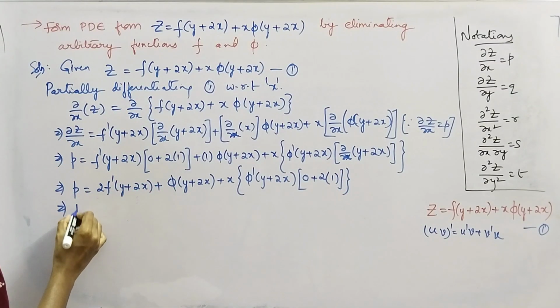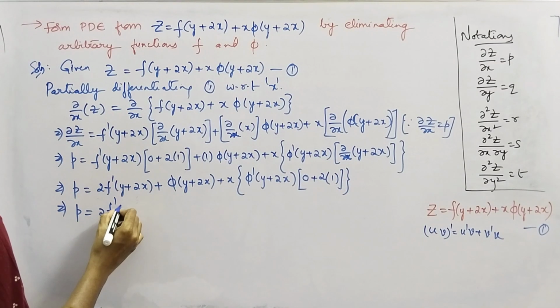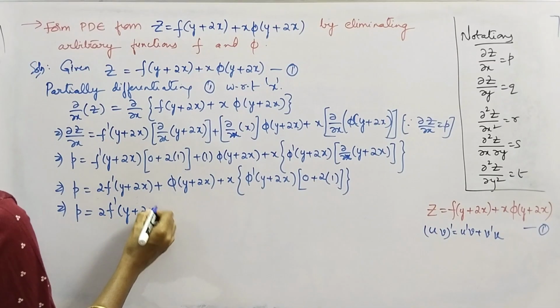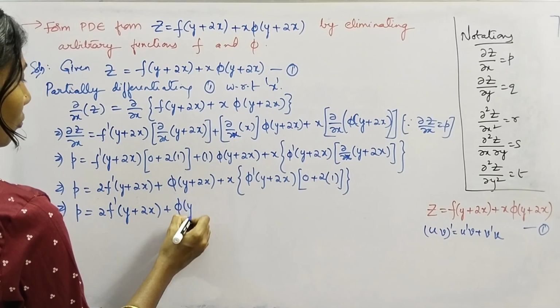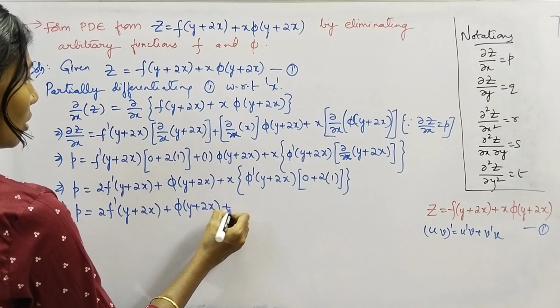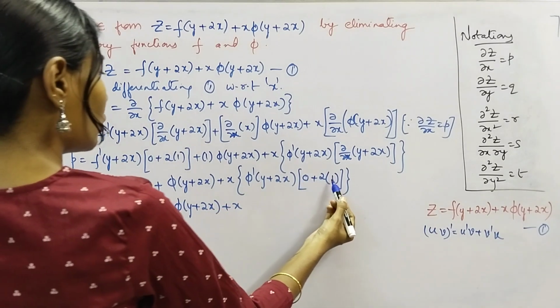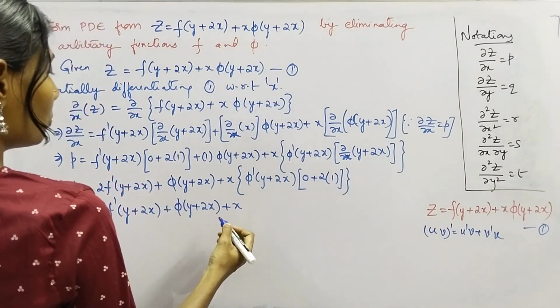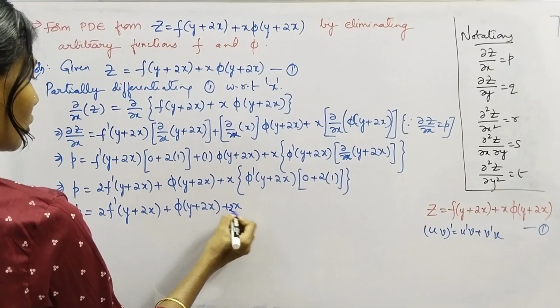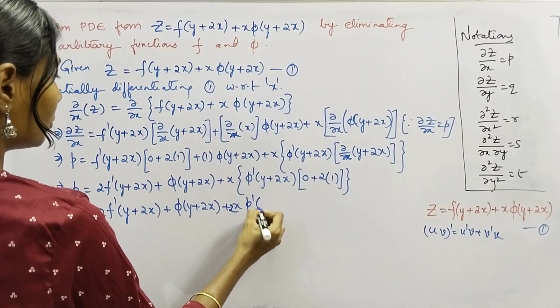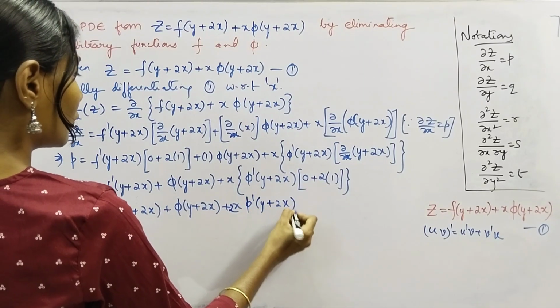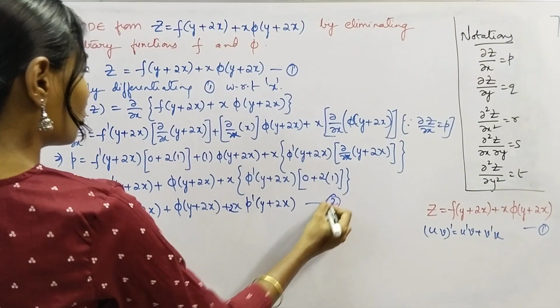And this gives us p equal to 2 into f dash of y plus 2x plus phi of y plus 2x plus x into 2 into 1, that is 2, plus 0, so 2 into x, 2x. You'll get 2x into phi dash. Consider this as equation number 2.